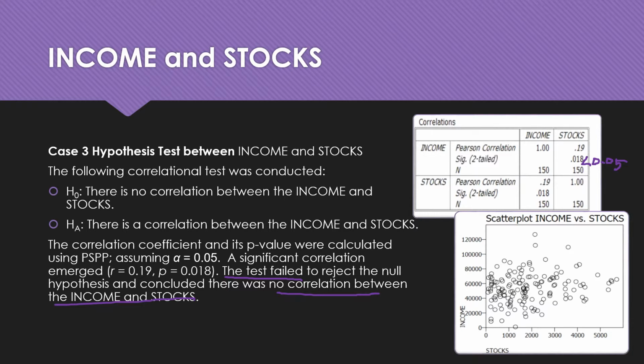And as you can see, based on the graph, we cannot draw any line. We cannot say it's decreasing or increasing. The points are distributed in a way in which we cannot make a line.